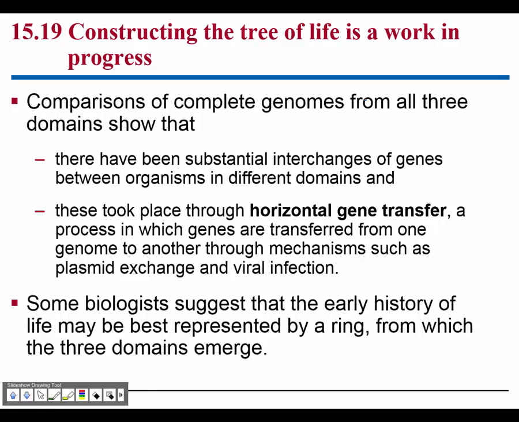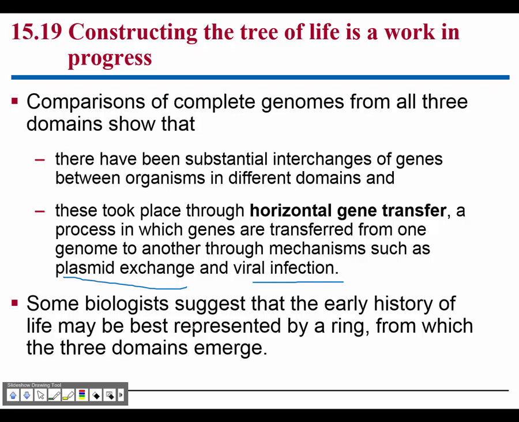And so when we compare the genomes of all 3 domains, it shows that there's been substantial interchanges of genes between organisms in different domains, and it took place through horizontal gene transfer, so your plasmid exchange and viral infection, things like that.